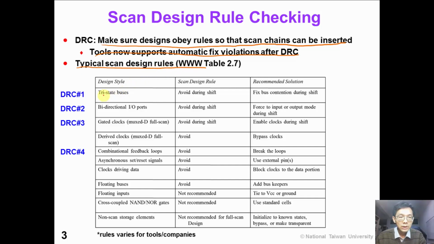For example, the first DRC rule is that if we have tri-state bus in our design, we should fix the bus contention during scan shift.